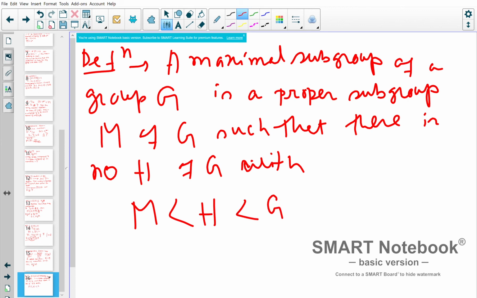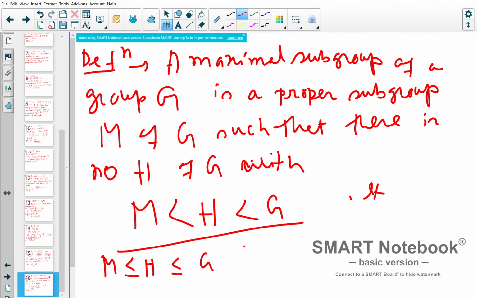If M is sitting inside H, this kind of thing cannot happen. So then either M equals H or H equals G.